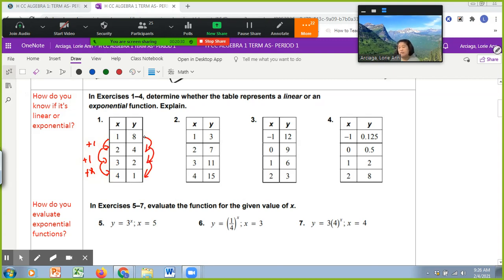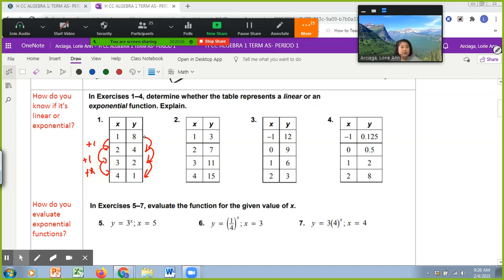Now what about the y values? Can you identify a common growth or decay rate? Growth meaning, are you doubling, tripling, quadrupling? Decay means, are you getting the half, 1/3, etc. So what could be a good description for the y value?